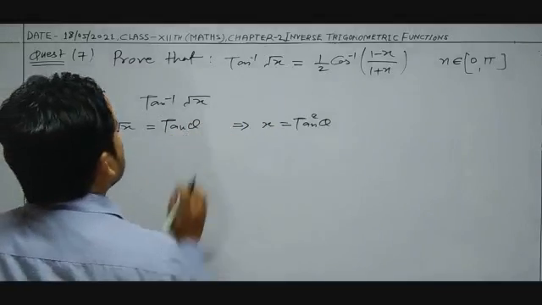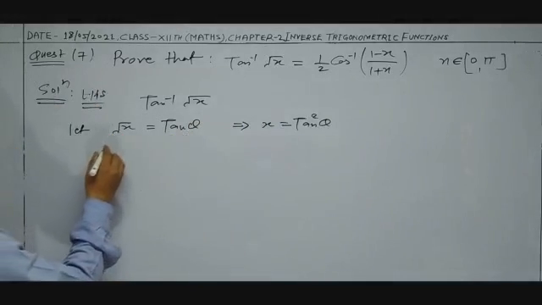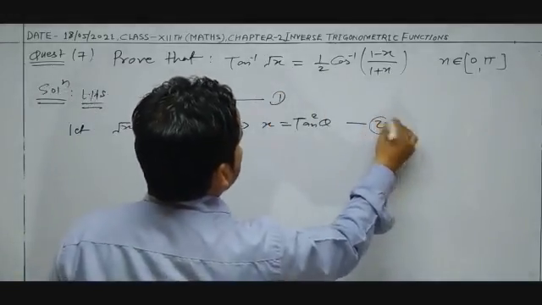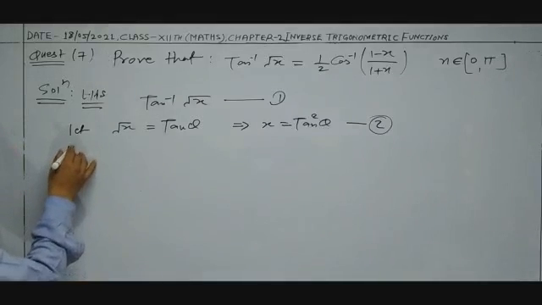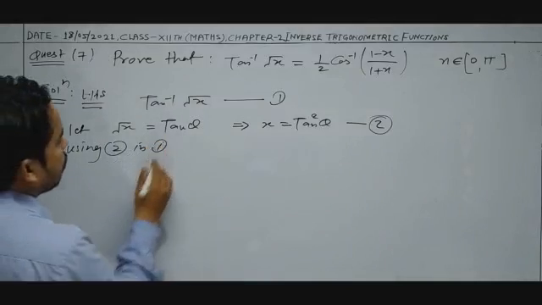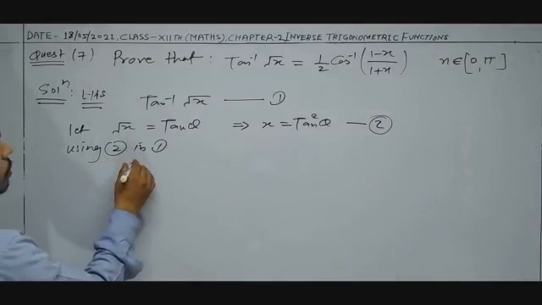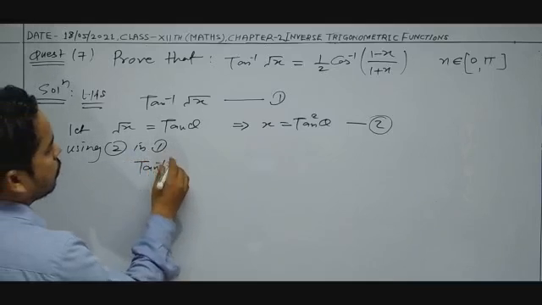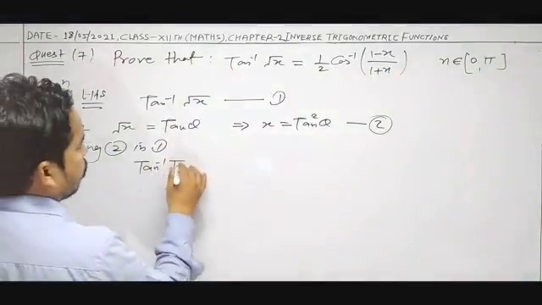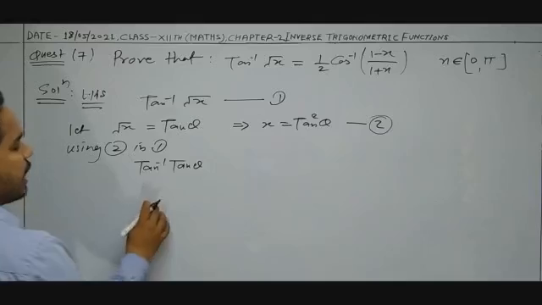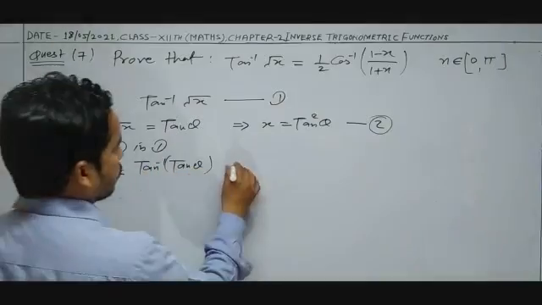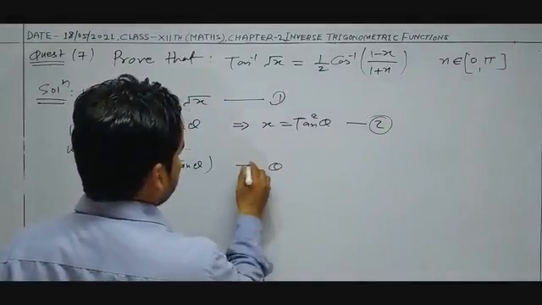So put the values. Consider equation 1 and equation 2, using 2 in 1. Using 2 in 1 means tan inverse; in the place of root x, you will put the value of root x, that is tan theta, and the result you will get is theta.